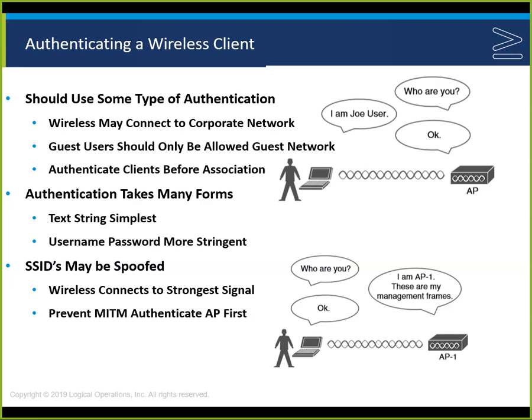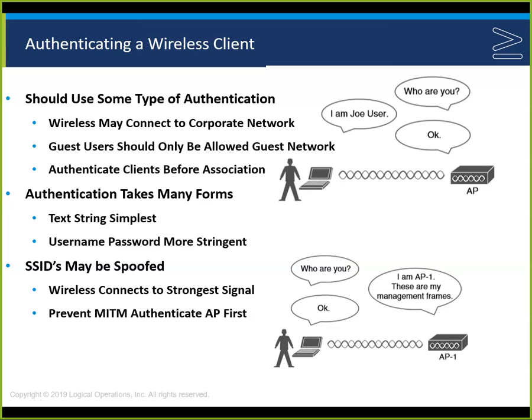SSIDs may be spoofed. The wireless connects to the strongest signal. We've said that a number of times. Rogue access points can be in our system trying to do this man-in-the-middle attack, so that we're connecting to the wrong device, and we don't really want those kinds of things to happen. To prevent the man-in-the-middle attack, authenticate to the access point first.